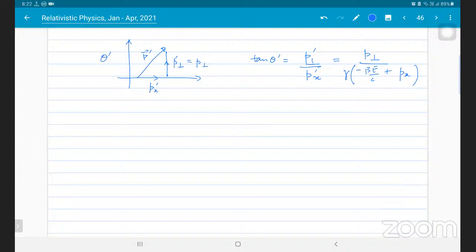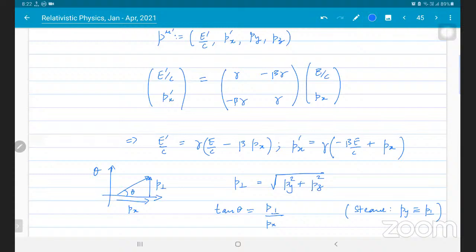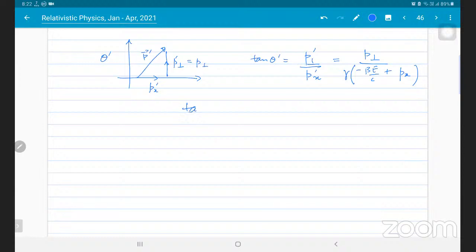So now I want to express this tan theta prime in terms of the angle in the initial frame of reference. I want to write tan theta prime in terms of tan theta. So tan theta, just to remind myself, is this over px, right? So how do we do that?